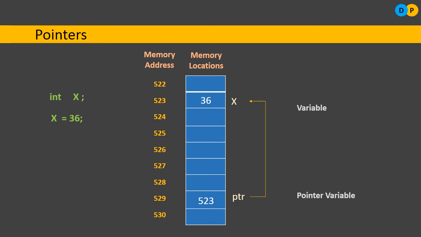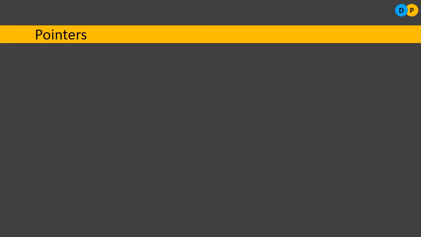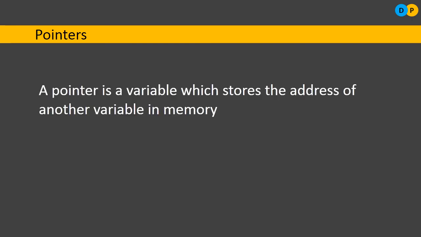So with this idea, I can move forward. Now I can say a pointer is a variable which stores the address of another variable in memory. This is the formal definition of pointers. A pointer is not an ordinary variable. In a pointer you cannot hold an integer value, a character, or float values, but a pointer is a variable which stores the address of another variable.